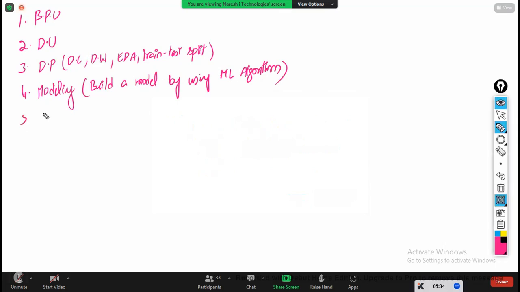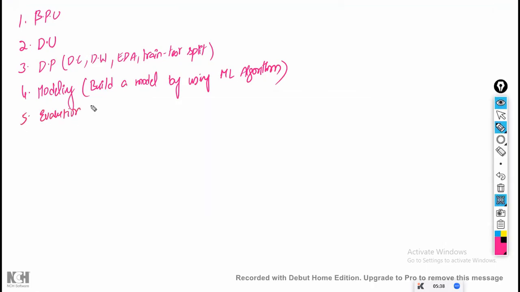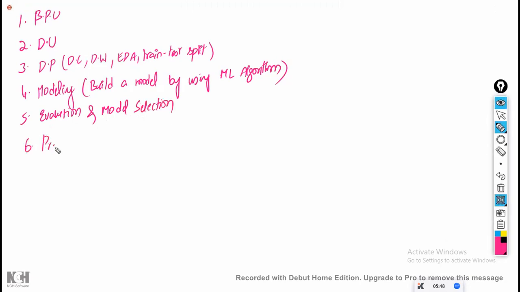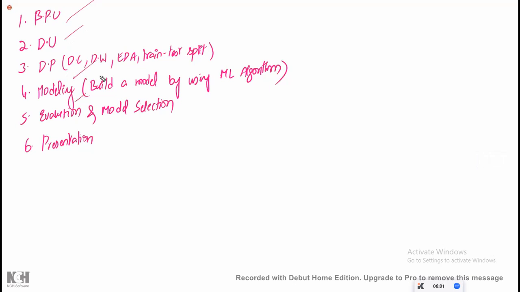Next, we do evaluation and model selection. And finally, whatever we have, we present. So this is the CRISP-DM methodology. It involves business problem understanding, data pre-processing, modeling, evaluation, and presentation.